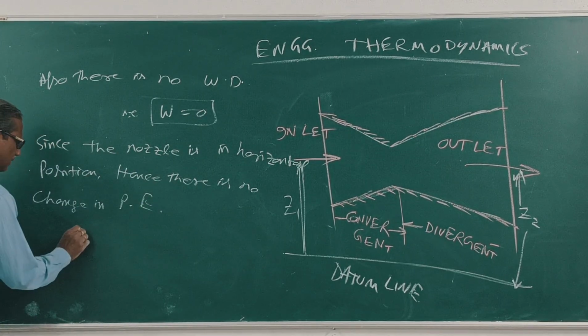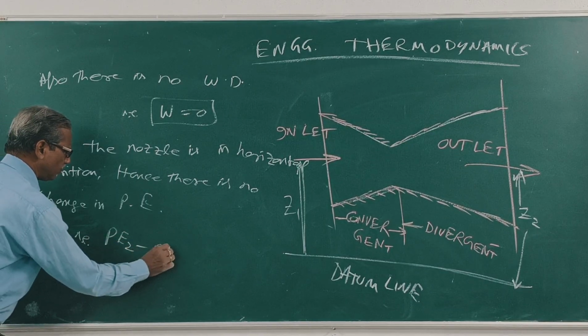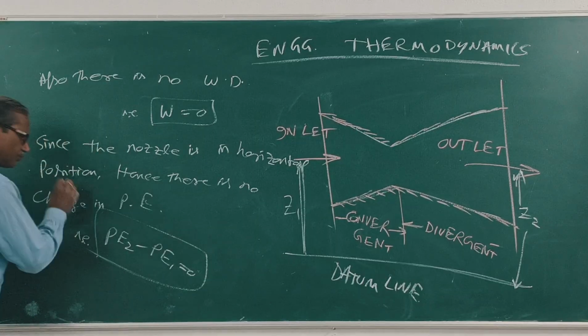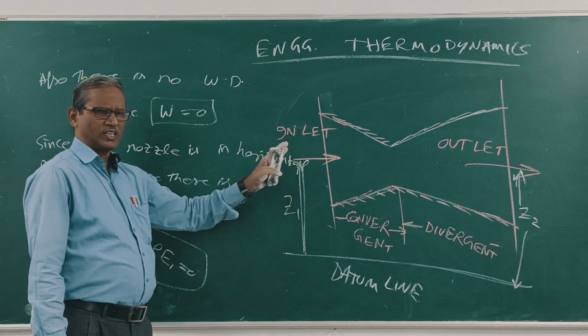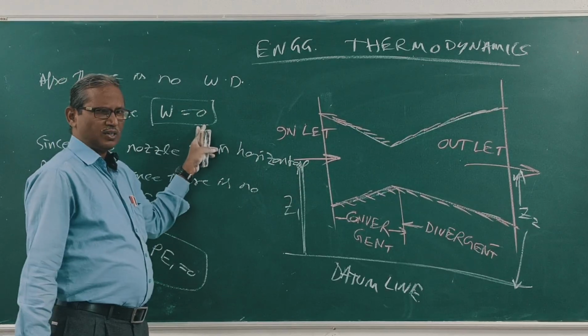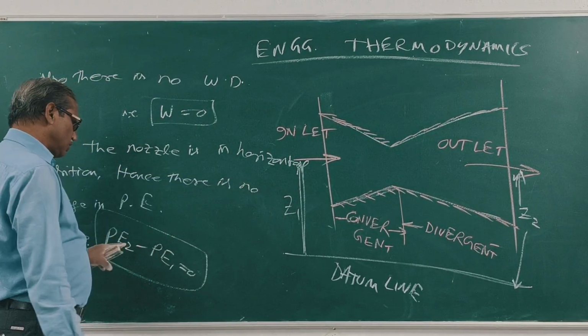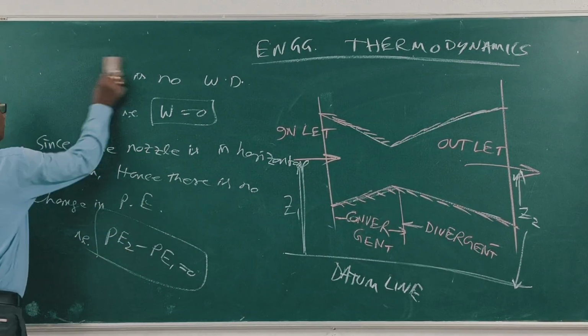That is, P2 minus P1 is equal to 0. Clear? Here Q is 0, no transfer of heat, no work done, double 0. Nozzle is in horizontal position, so delta P is equal to 0. Right?